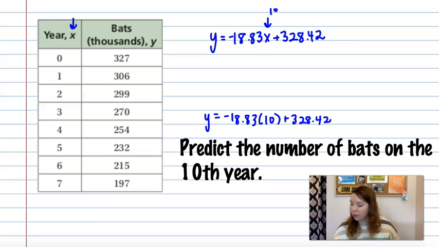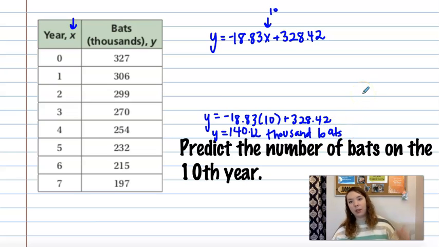So I have 140.12 thousand bats. That's how many bats they predict to have on the 10th year, and they're going down. It looks like our population of bats is diminishing.